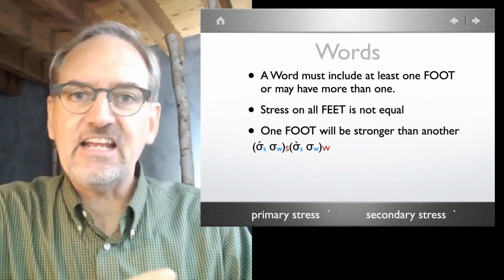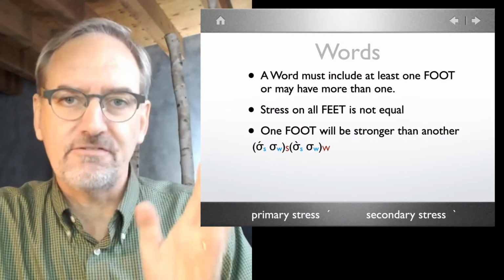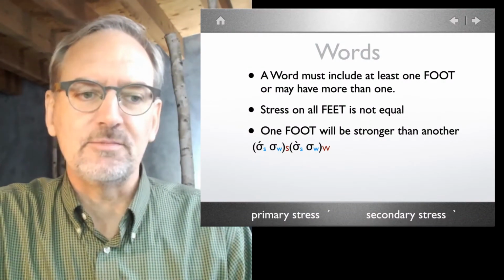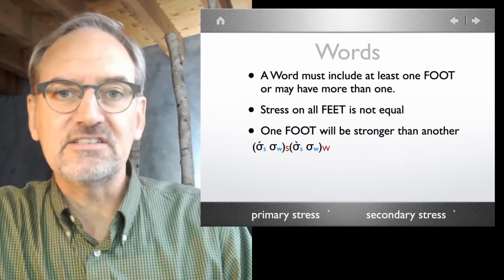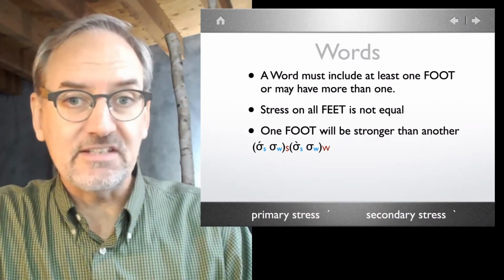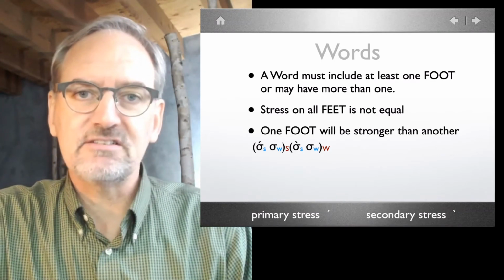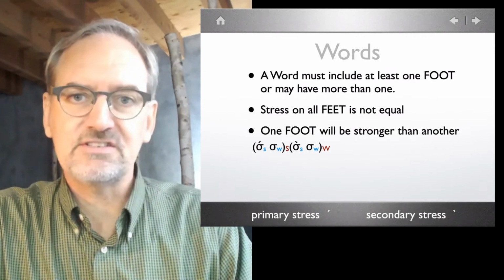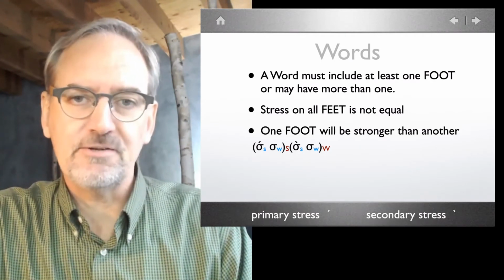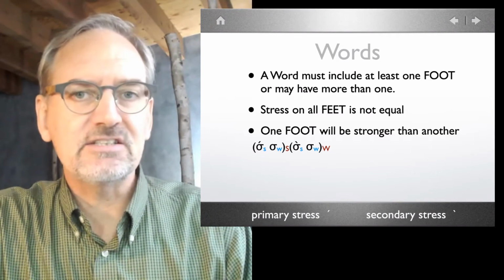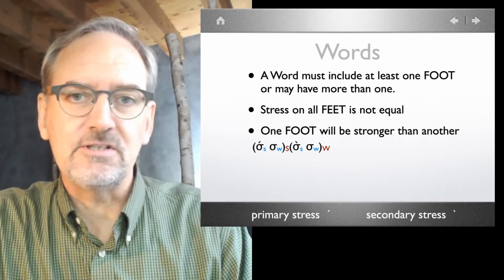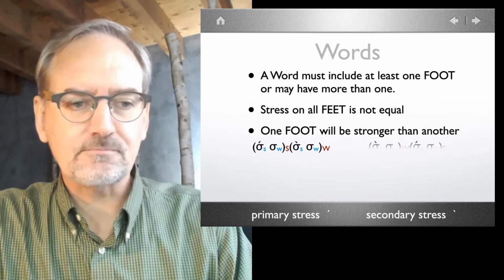But inside each foot, the first syllable is always the strong syllable, and the second syllable is the weak syllable. And you can see the accent marks. The primary stress falls on the strong syllable in the strong foot. Secondary stress falls on the strong syllable in the weak foot.